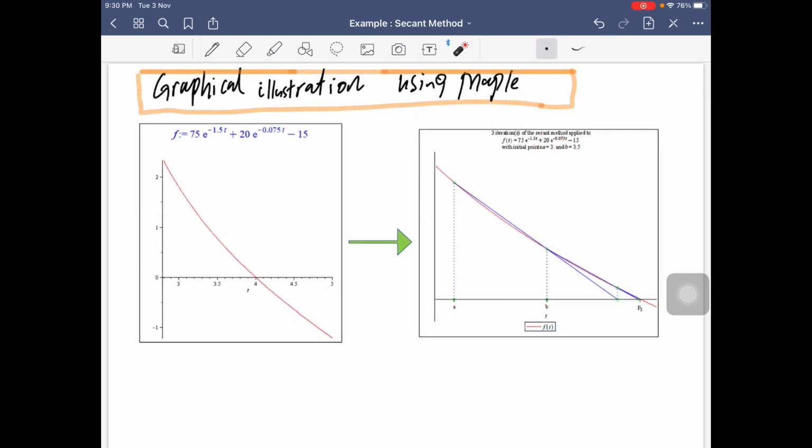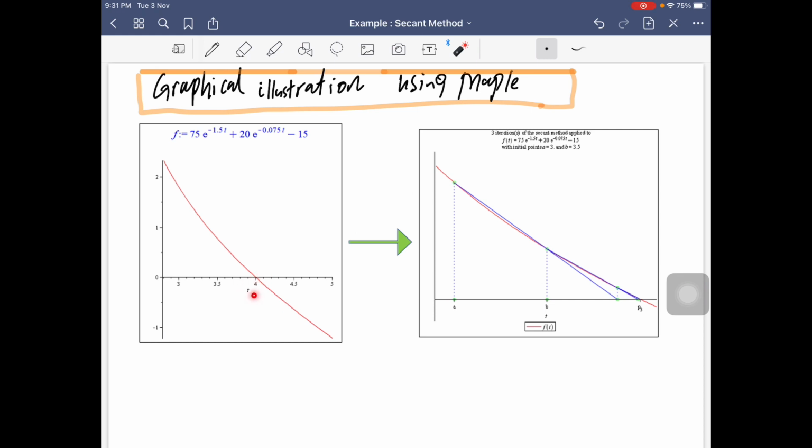Okay students, so this is the graphical illustration by using Maple. Maple is actually one of the mathematical algebraic software. If I plot our function by using Maple, this should be your graph. You can see here, this is our aim, we try to estimate this root.